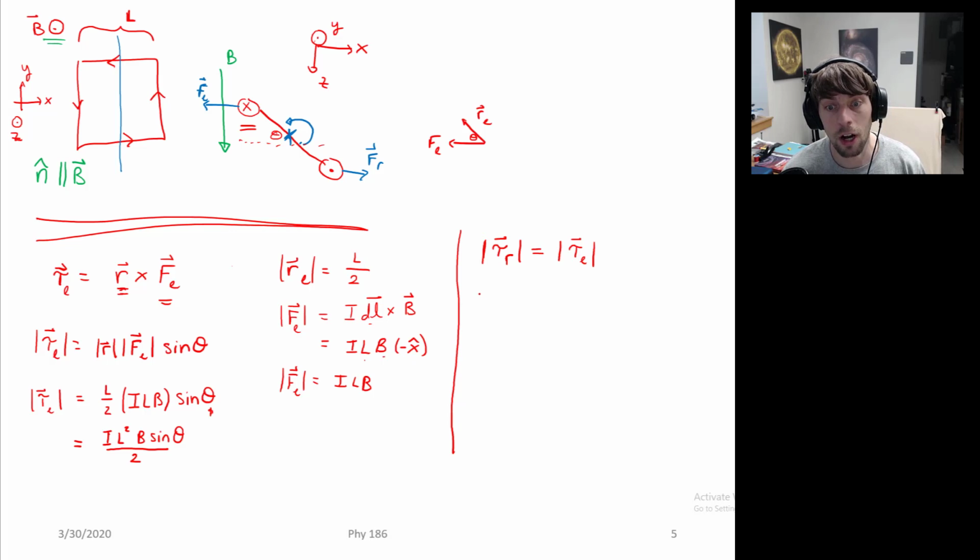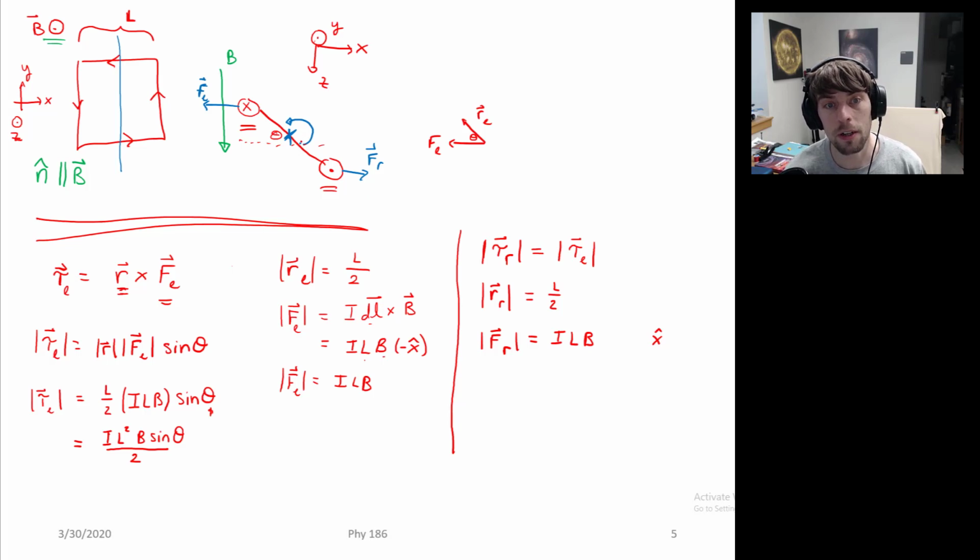Convince yourself. R, the distance from the pivot point to the point of application of the force on the right-hand side, is still L over 2. The magnitude of the force on that right-hand wire is still ILB. You'll notice that instead of being in the negative x-hat direction, it's now in the positive x-hat direction.